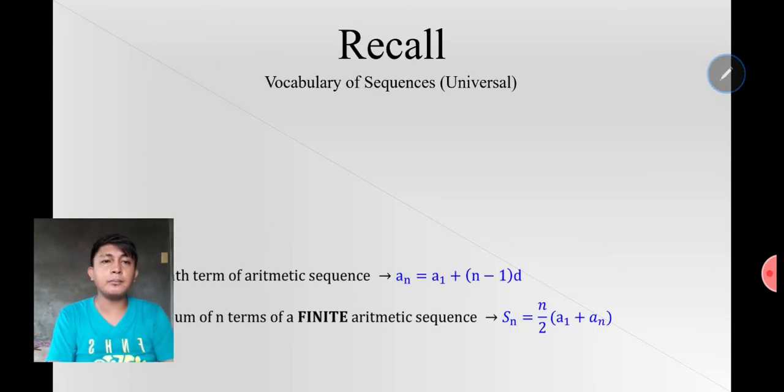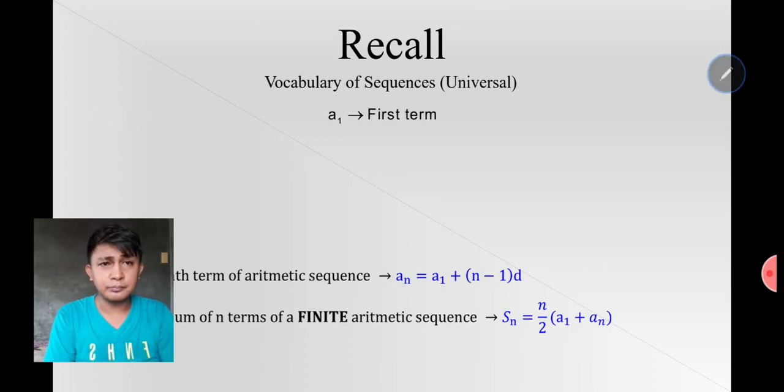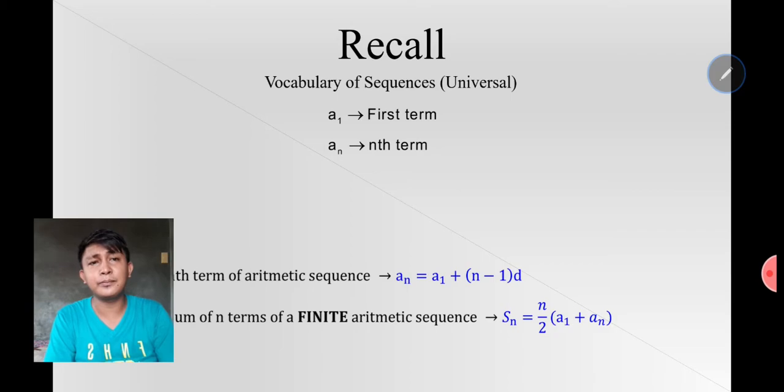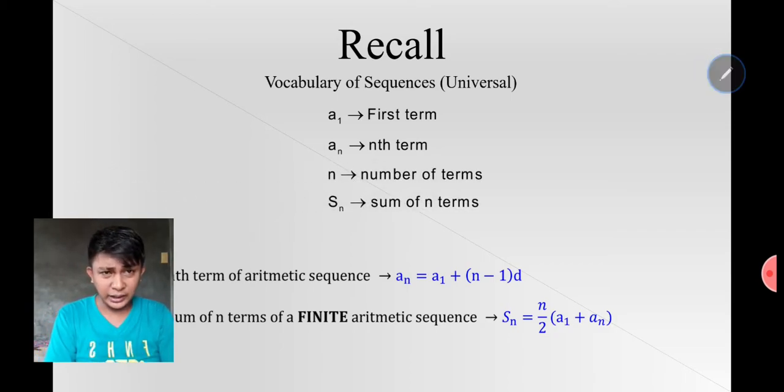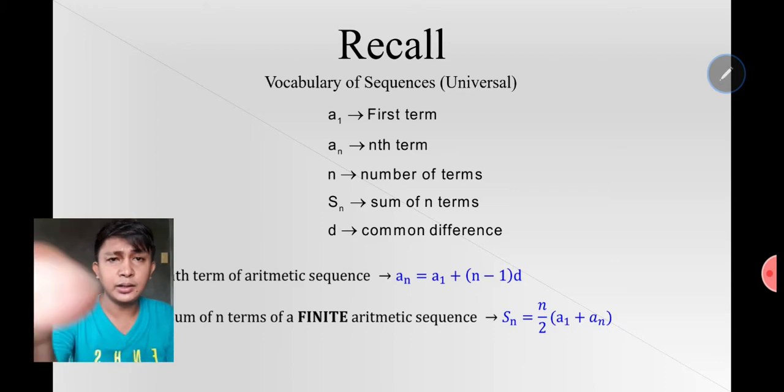Let's recall a little of the formulas and their parts. a sub 1 is the first term, a sub n is the last term or the nth term, n is the number of terms, s sub n is the sum of the n terms, and d is the common difference.